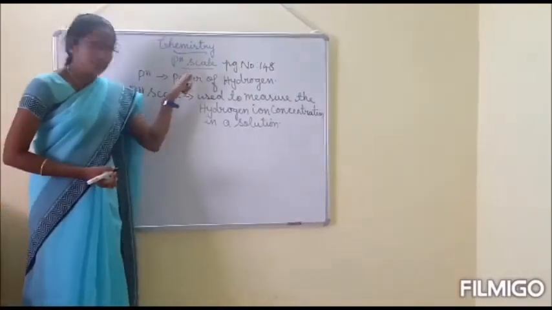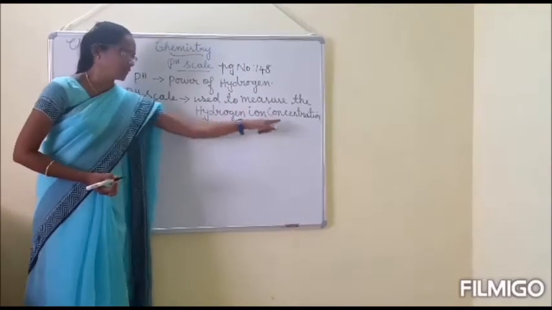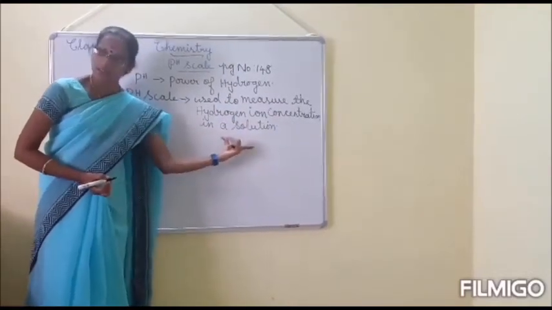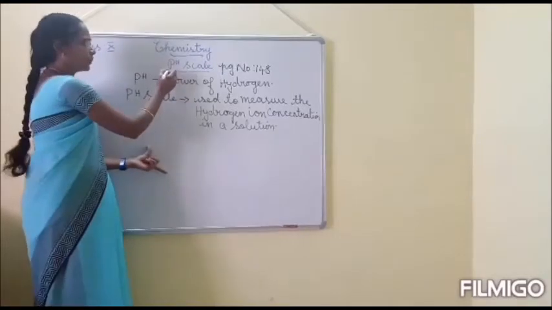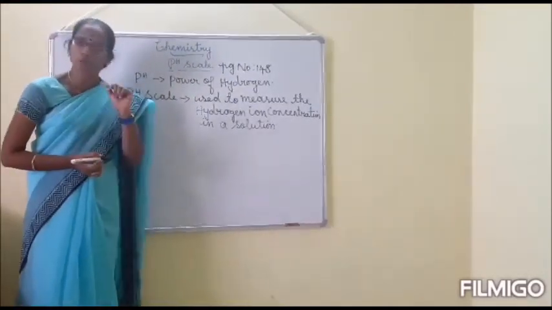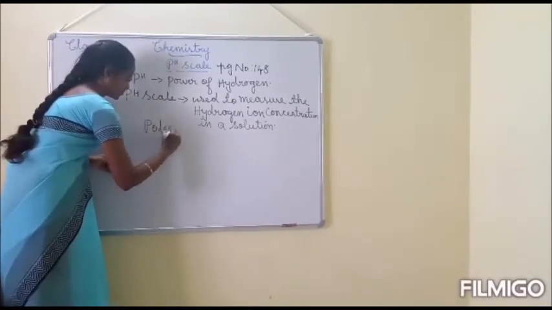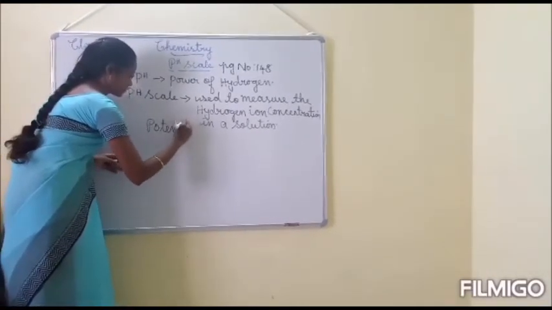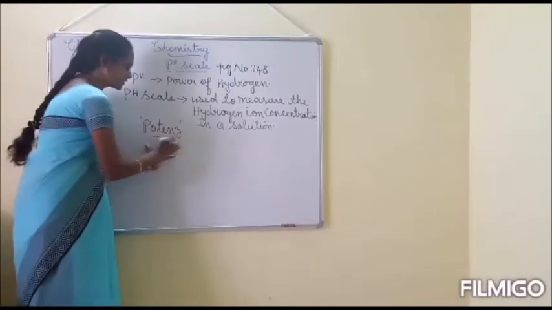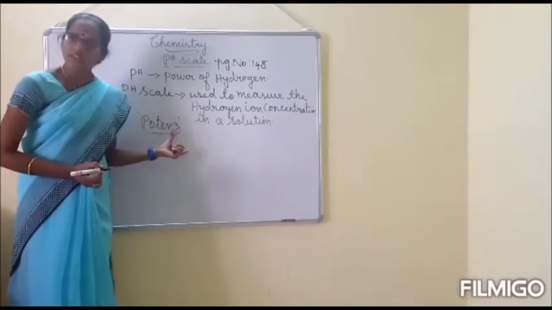The pH scale is used to measure the hydrogen ion concentration in a solution. The P in pH stands for potence. Actually, it is a German word and the meaning of this word is power.